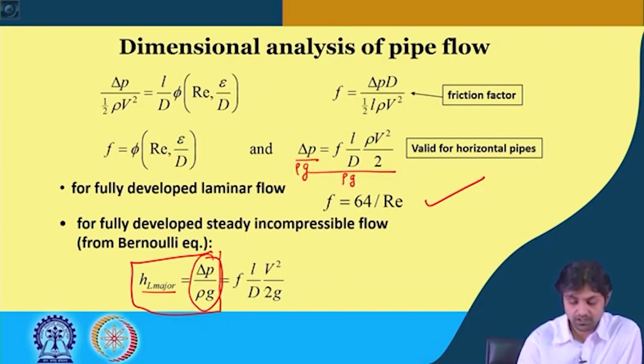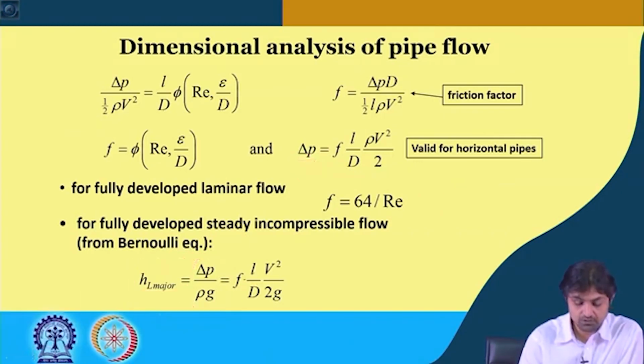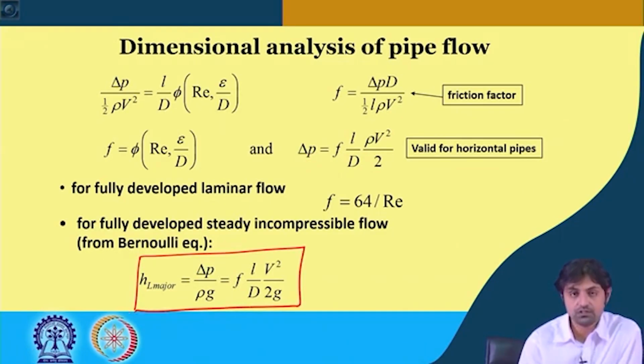so what are you going to get? F will remain the same, L by D will remain the same, rho and rho get cancelled, and we get F into L by D into V square by 2g. So the major head loss is going to be F L by D into V square by 2g. All right. So for the major head loss, L we know, D we know, V we know, and g is a constant.